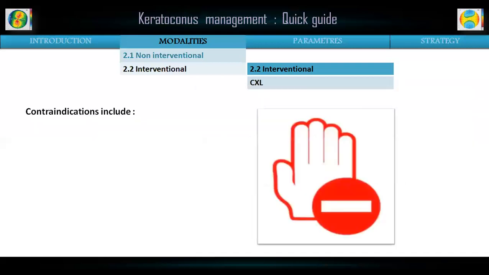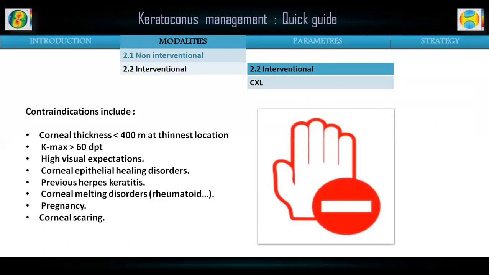The contraindications of cross-linking include many parameters. If the corneal thickness is less than 400 microns at the thinnest location, but now there are many protocols of cross-linking for thin cornea.